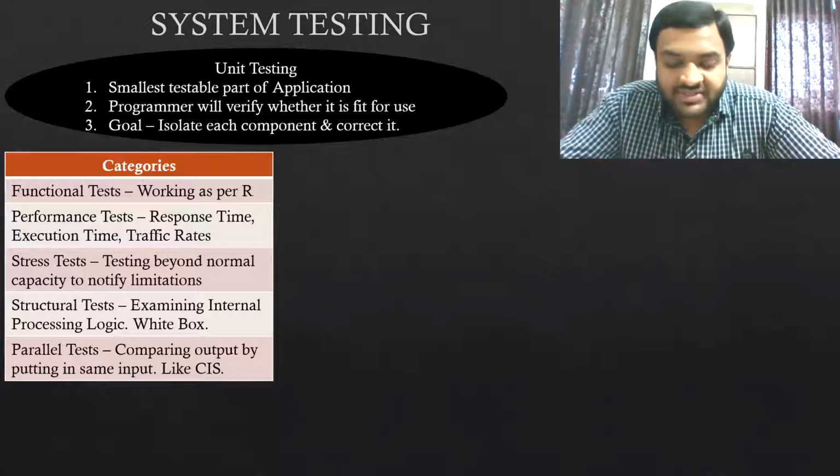Then parallel test. What is parallel test? We will compare the output of the old system with the new system, whether it is able to process the input in the same manner or not, or there are any changes.